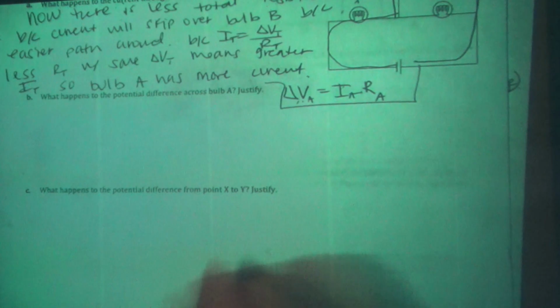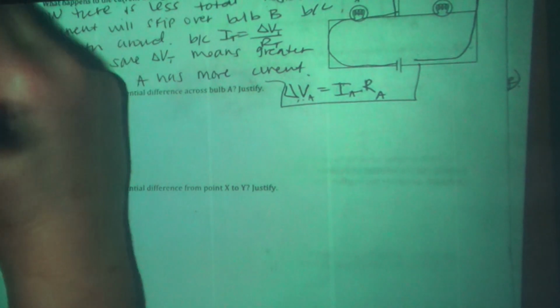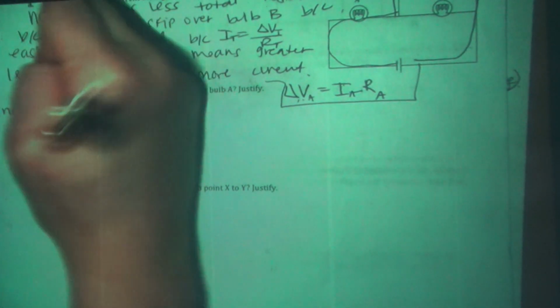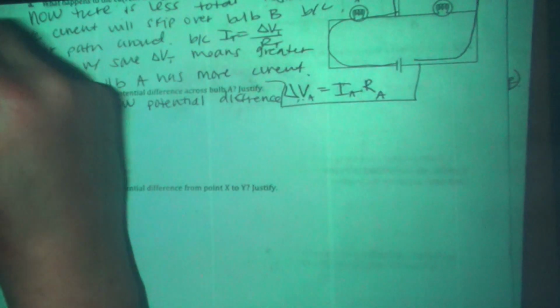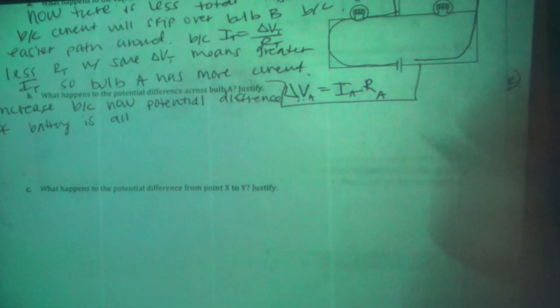So what happens to the potential difference across bulb A? We said it would increase because now the potential difference of the battery is all, what's the right word for this? I want to say used up, but what did I say in my key?